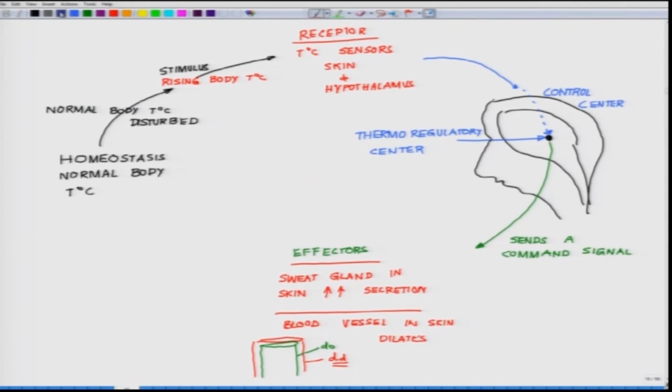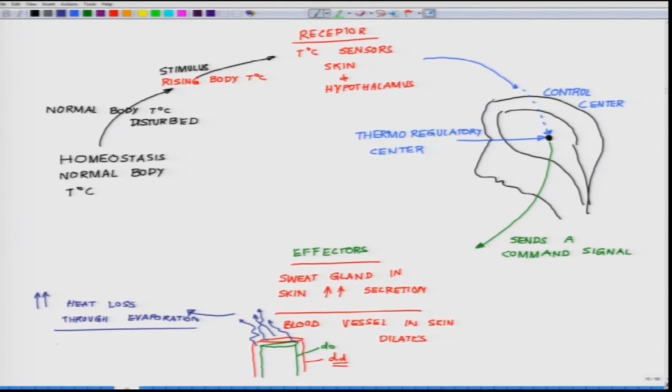Based on this, two things happen. The sweat glands in skin increase secretion, leading to increased heat loss from the body through evaporation, because you are sweating a lot and your blood vessels have dilated, so the evaporation surface area has gone up.